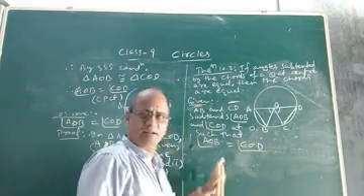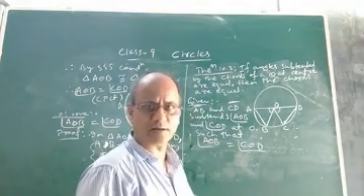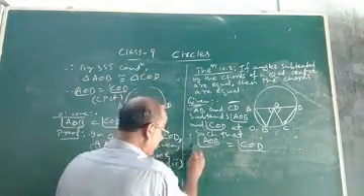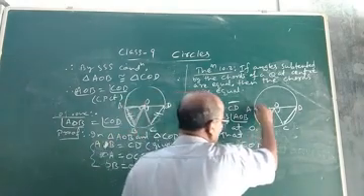It is given that these two angles subtended by the two chords are equal at the center. Now what do we need to prove? We want to prove that these two chords will be equal.